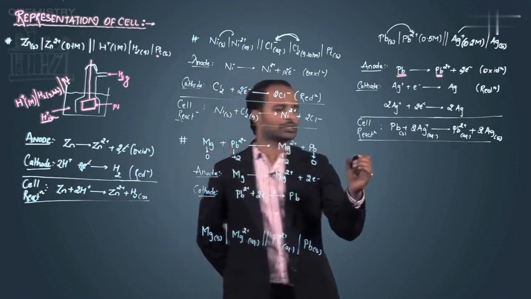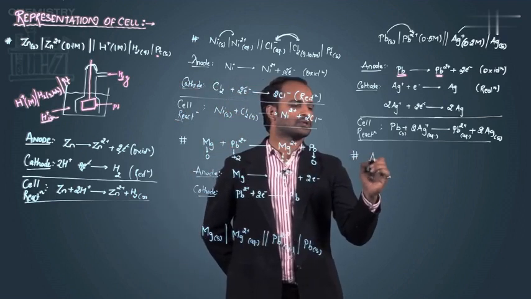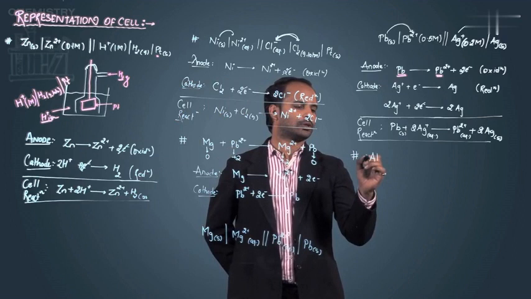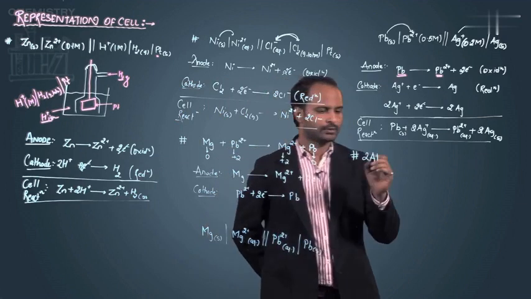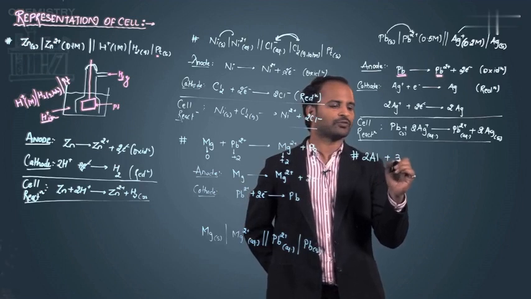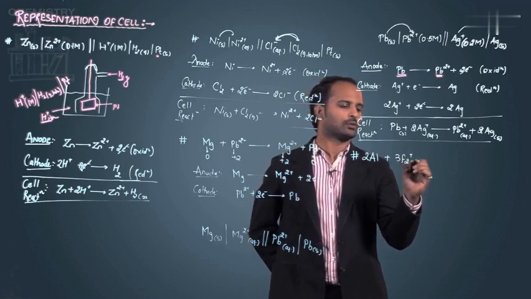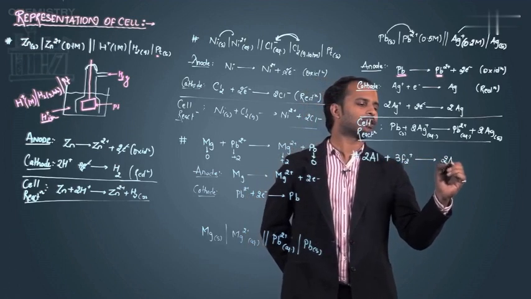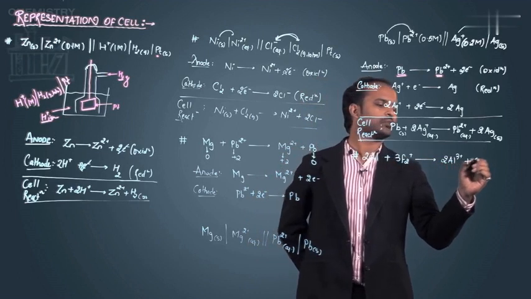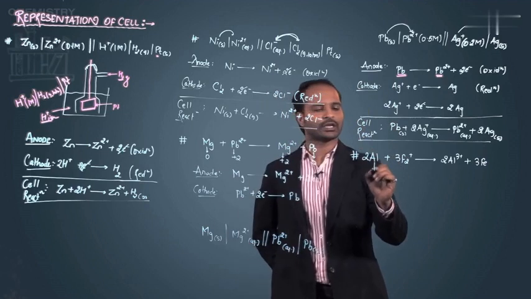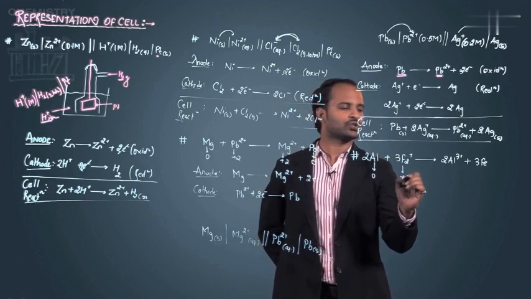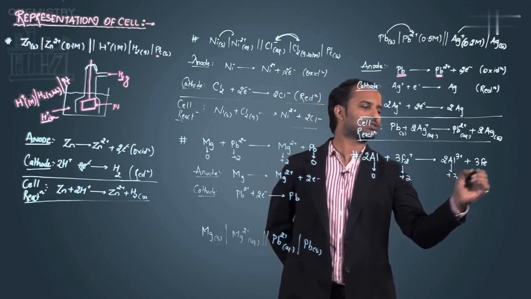See, suppose you have a question, 2 moles of aluminium plus 3 moles of Fe2 plus gives 2 moles of aluminium 3 plus and 3 moles of Fe. Now while writing a cell representation, again here I can say 0, this is plus 2, this is plus 3 and this is 0.